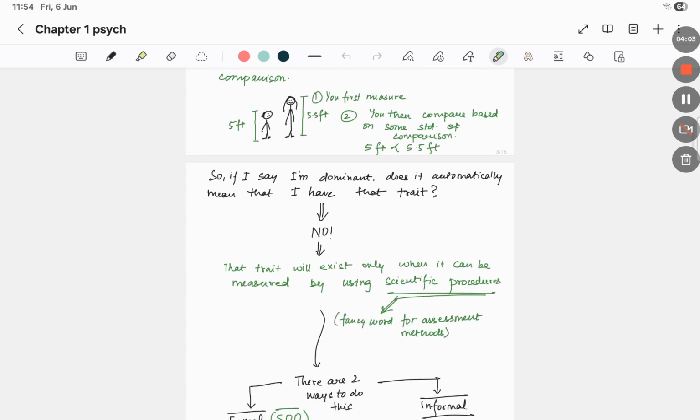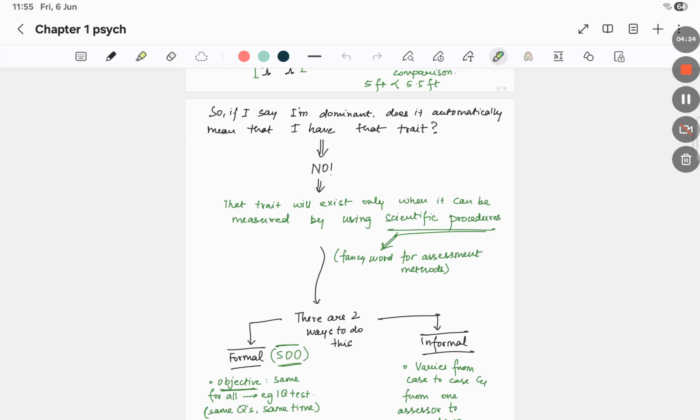So if I say that I am dominant, does it automatically mean that I have that trait? So let's say I go about telling everybody that I have diabetes, for example. If it is not medically proven, does it mean that I actually have diabetes? No, right? Similarly, for psychological traits, if I say that I have some attribute, it has to be tested. It has to be measured by using scientific procedures.